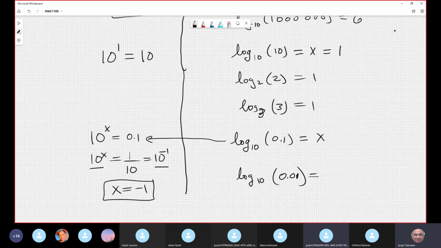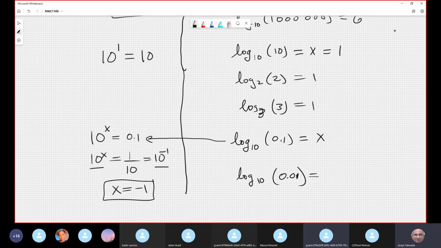Today is without a calculator because these are straightforward examples. After that it is more complicated, it's impossible by hand, and we need a calculator. Okay, what do you think about logarithm of 0.01? So this is 0.01, one more decimal after the decimal point.